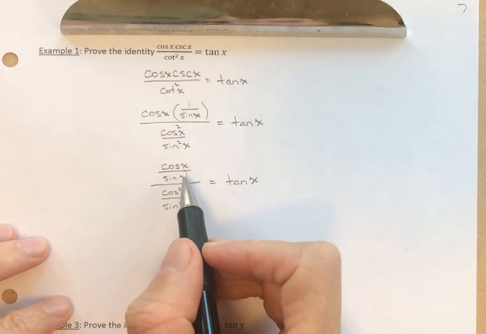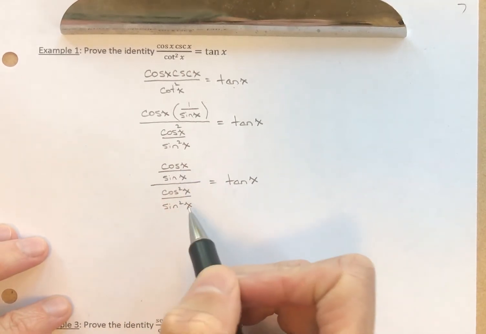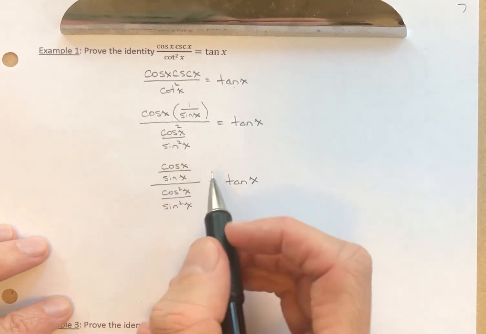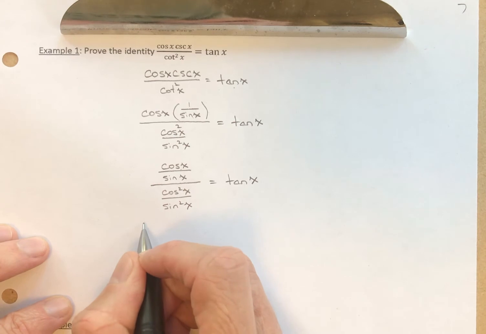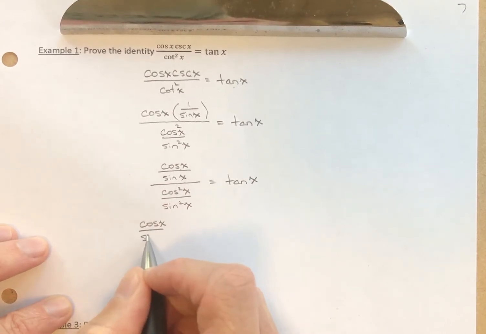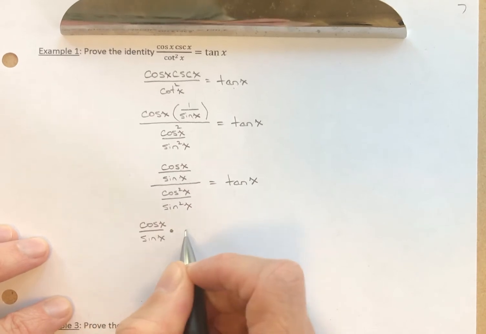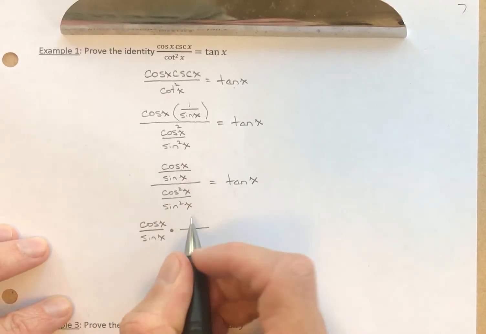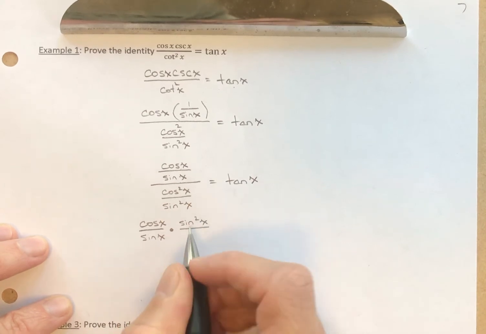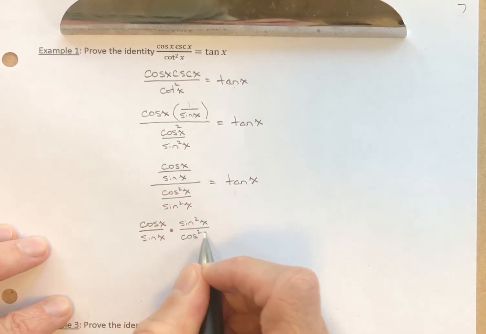Well, this is a fraction divided by a fraction. You've seen me do this several times, and I don't care for that. I'd like to multiply. So this would be the first fraction, the cosine of x divided by the sine of x, times the reciprocal of the second fraction, the sine of x squared divided by the cosine of x squared.